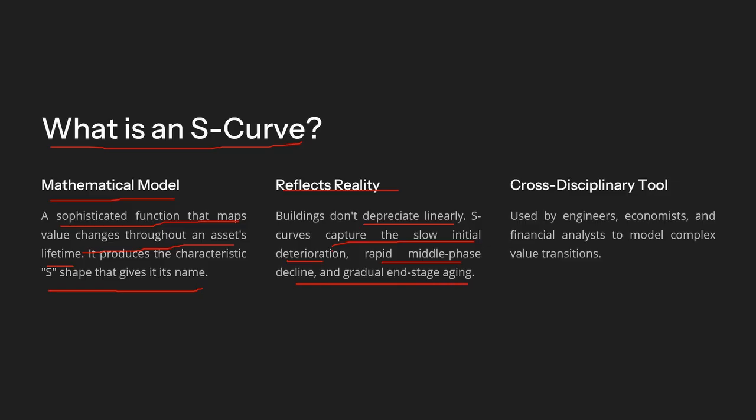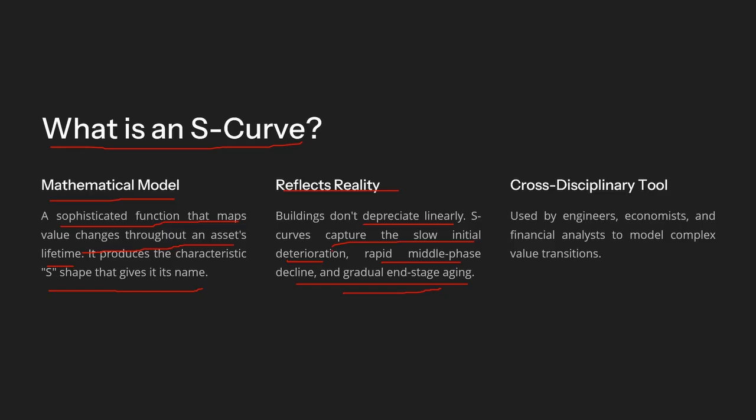So basically what happens is when a new building is constructed, it will deteriorate at a slow pace in the initial stages. But as the age increases, in the middle phase the deterioration or decline is at a rapid pace, and in the end life period of the building there is again a gradual decrease in the value.